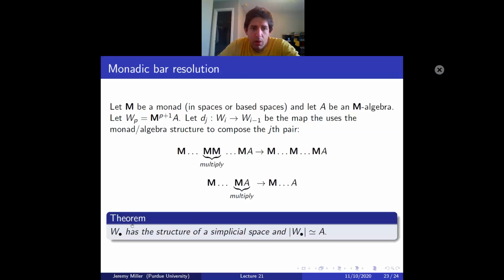So this whole gadget has the structure of a semi-simplicial space, and we're going to prove that it's equivalent to A. And level-wise, the entries are free.